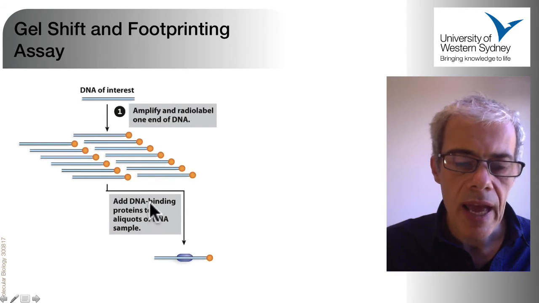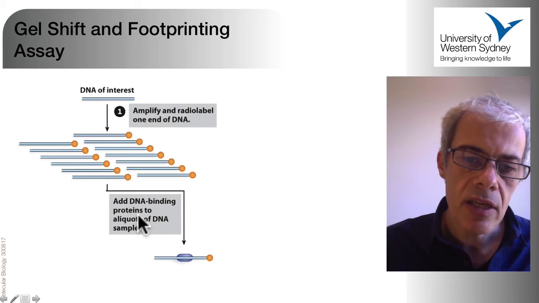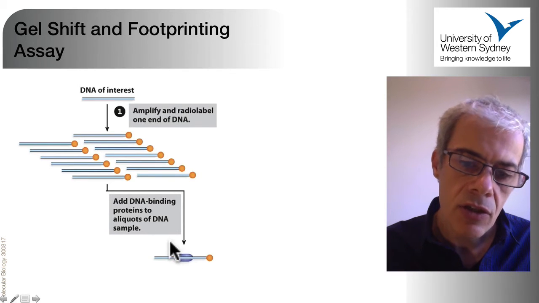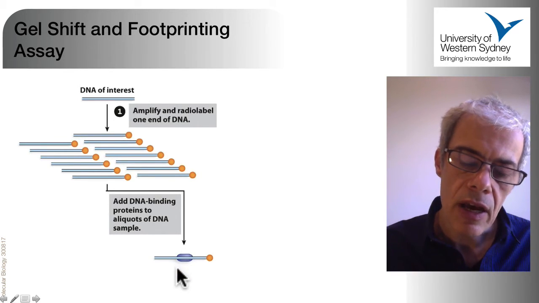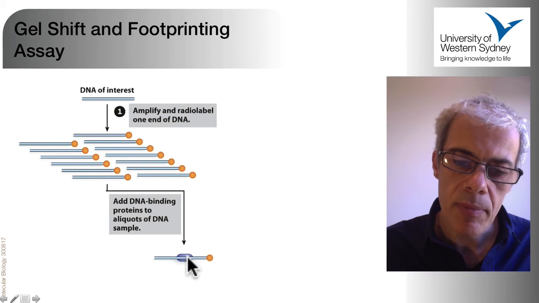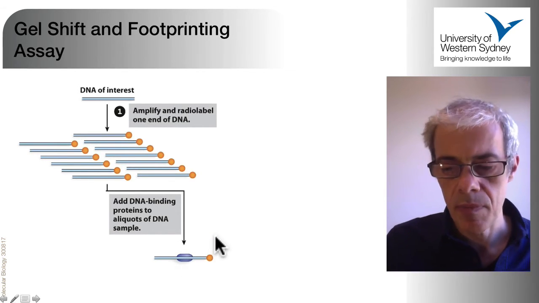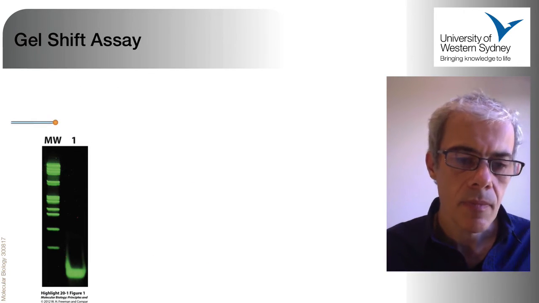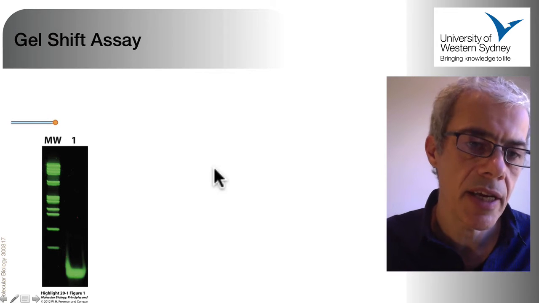You then get an extract of proteins, and you bind your protein, this blue bit, purple bit here, to the DNA. And then you have a bit of DNA plus or minus a bound protein, and the DNA can be visualized. So the gel shift assay is the most straightforward of these two assays.